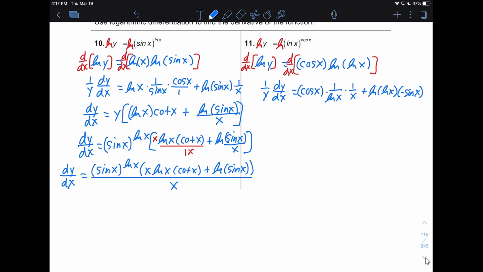And just like we did in the previous problem, we'll multiply both sides by y, so dy dx equals y times this quantity. I'm going to write cosine of x divided by x ln x, and then minus ln of x times sine of x.